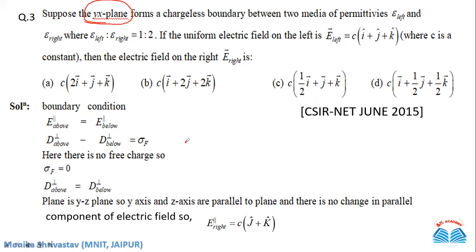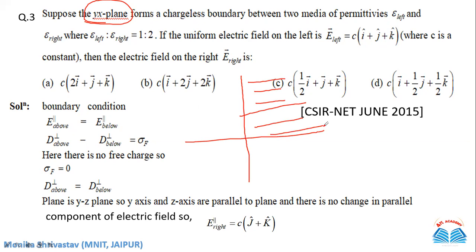So just make a picture. This plane is your y-z plane. In this plane there is a boundary between two media. Let's suppose this is your boundary, and this is your E left, EL, and this is your E right, ER. This one is given and this one is asked.